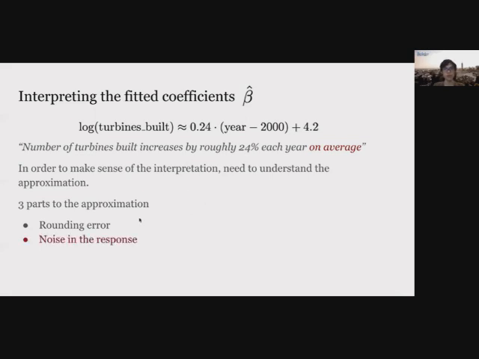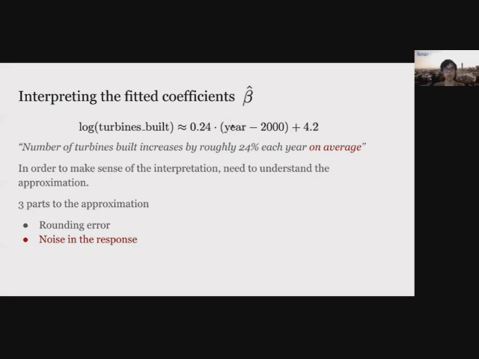The next source of approximation is the noise in the response. What I mean by this is that in the original GLM equation, log was the link function for negative binomial, but we apply the link function to the expected response and not the actual response. So there's an expectation sign that's missing over here. The GLM equation says that the log of the expectation is equal to this function here on the right-hand side. Once we drop the expectation, we have to account for there being some noise in how the responses are generated.